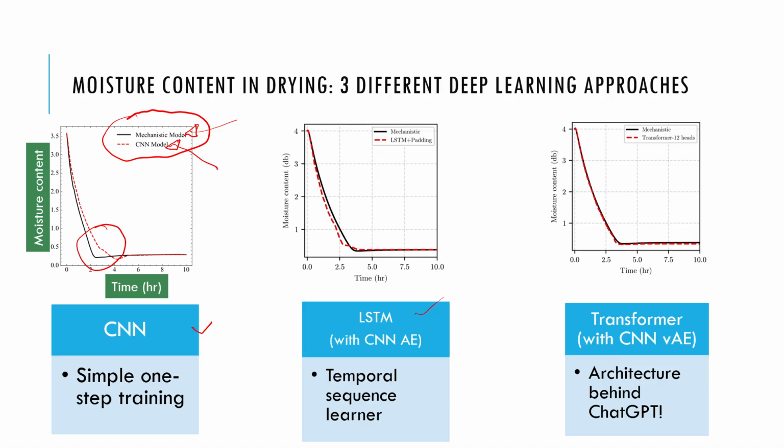Then we go to another architecture, and this one is the one behind ChatGPT. And look, this is near perfect reproduction. So a near perfect reproduction, and it's going to run 2, 3 orders of magnitude faster.